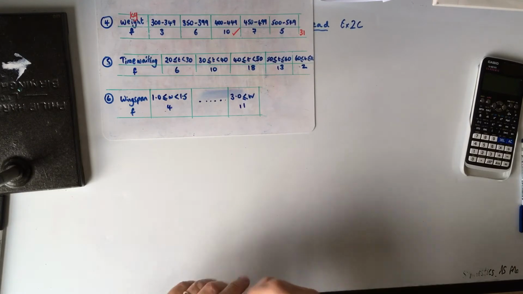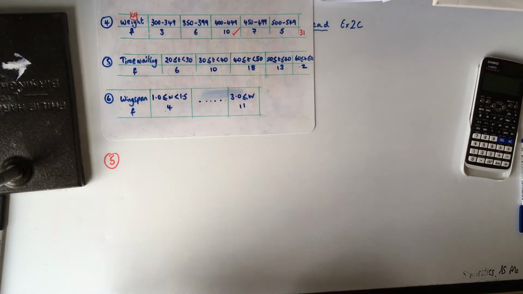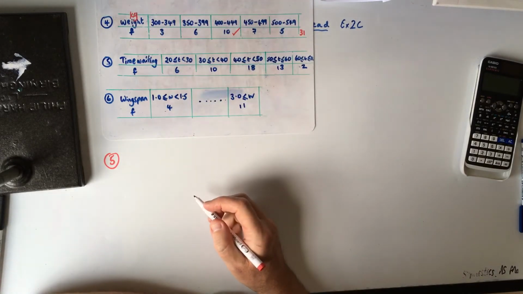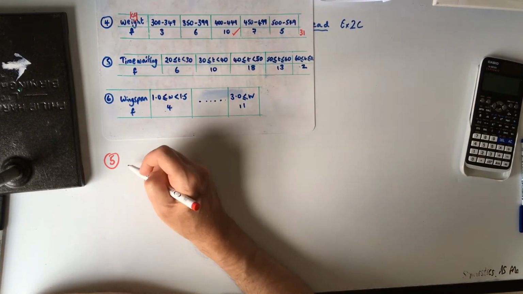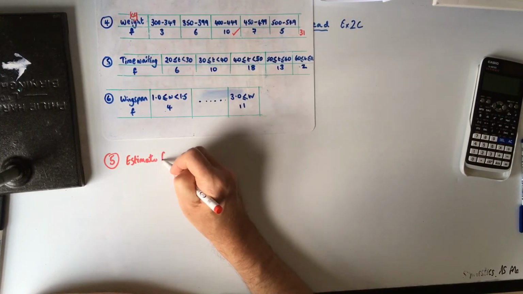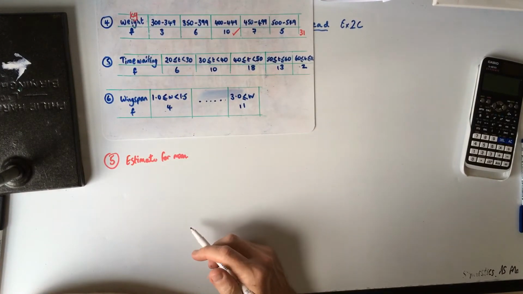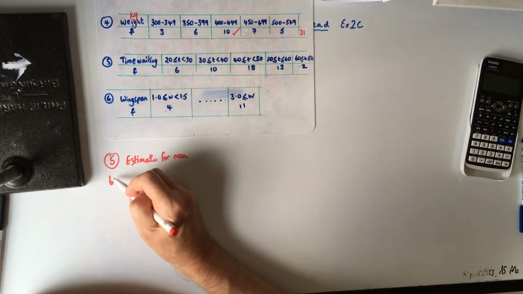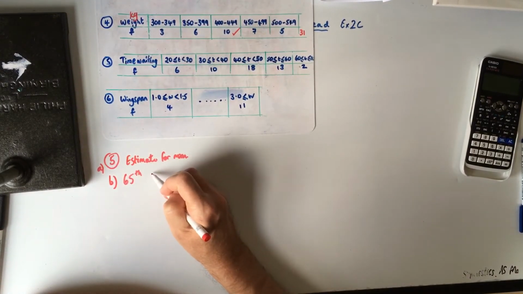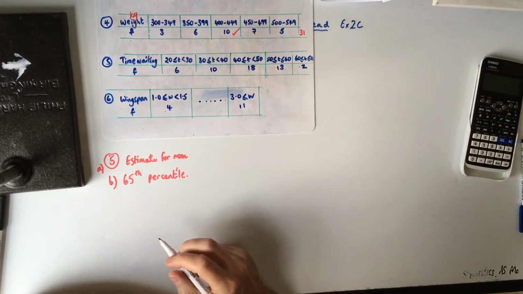Okay. Question 5. Question 5 is this one here. So it says, find an estimate for the mean. B is the 65th percentile, we're going to find.